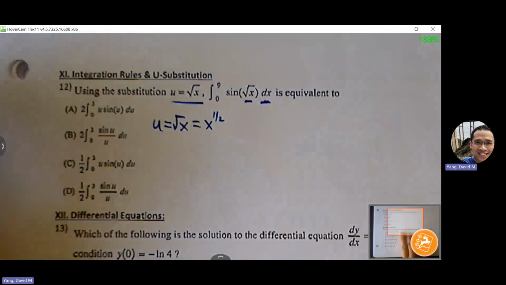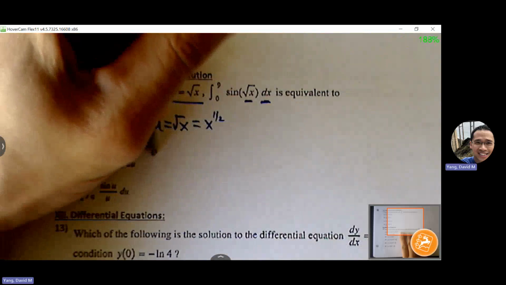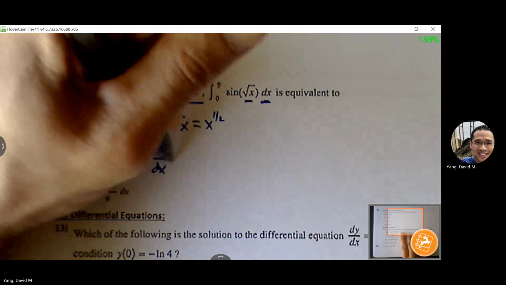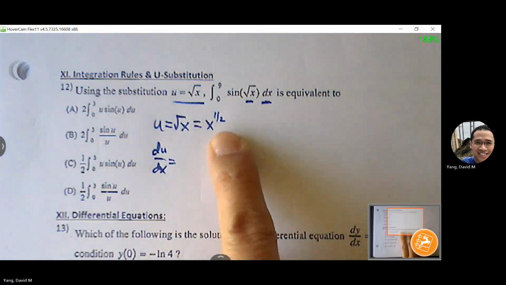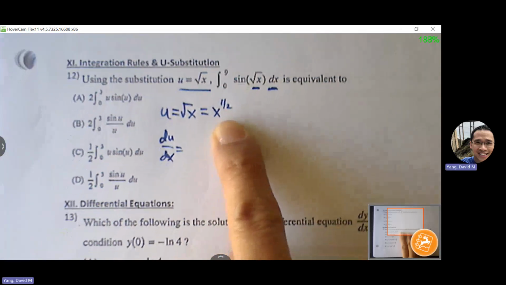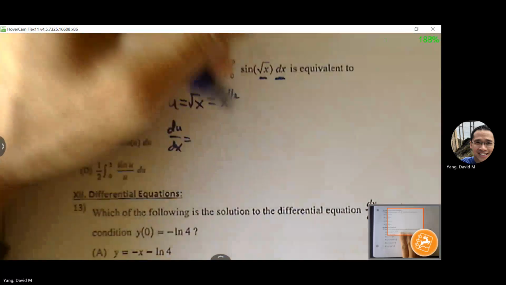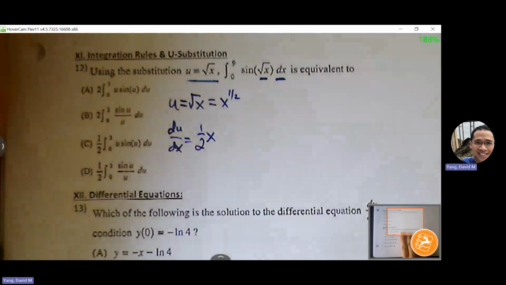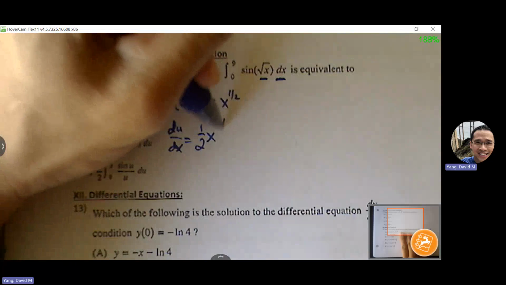Okay, so my derivative. What's my derivative here? Power rule gives us what? 1/2 x to the negative 1/2.